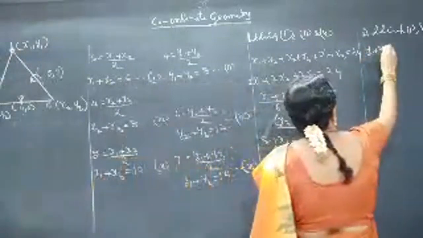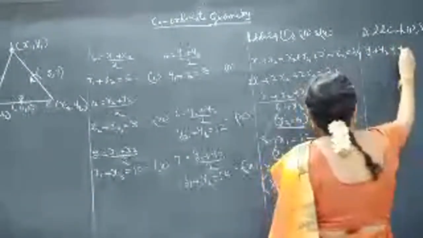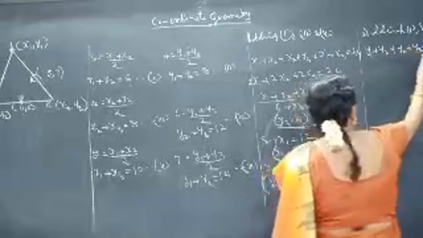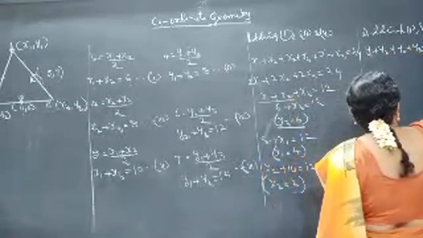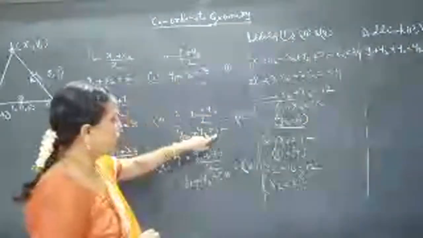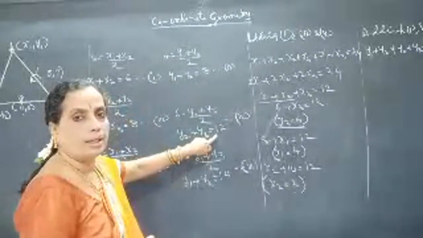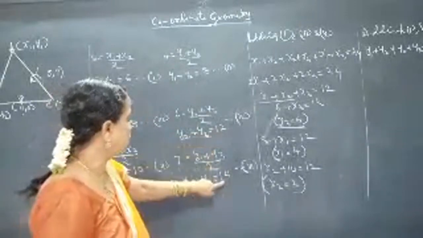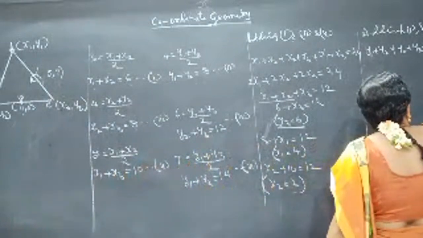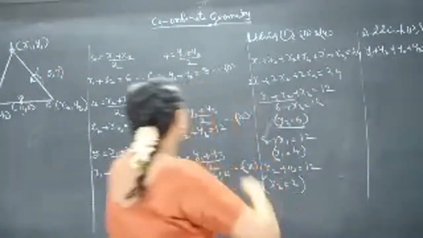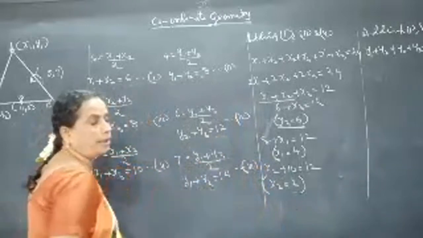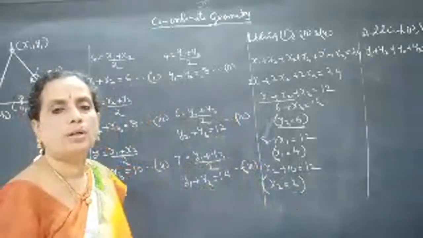y1 plus y2, y2 plus y3 and y1 plus y3 equals 8 plus 12 is 20, 20 plus 14, 34.